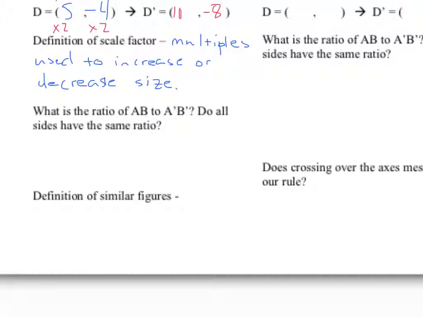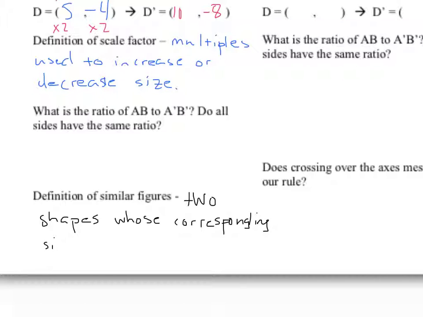Our definition of a similar figure is two shapes whose corresponding sides, that means the sides that quote-unquote match up, all have an equal ratio.